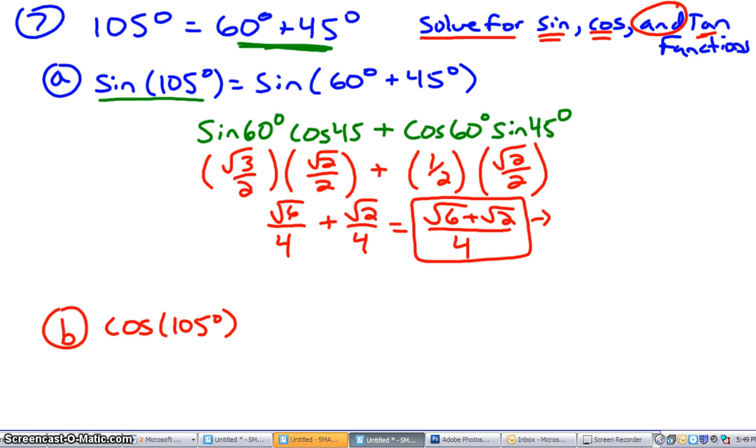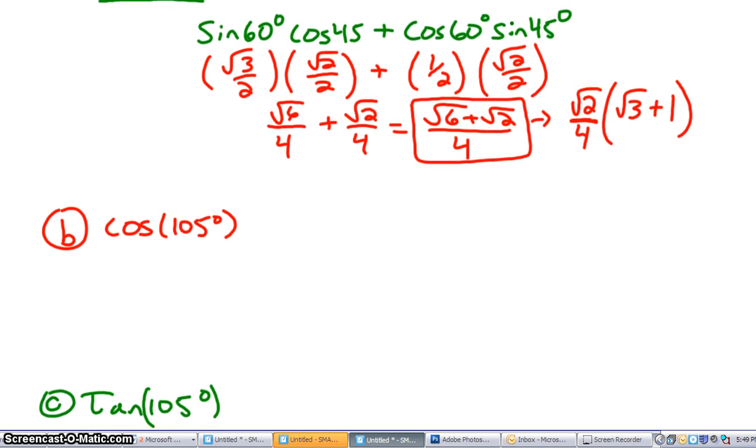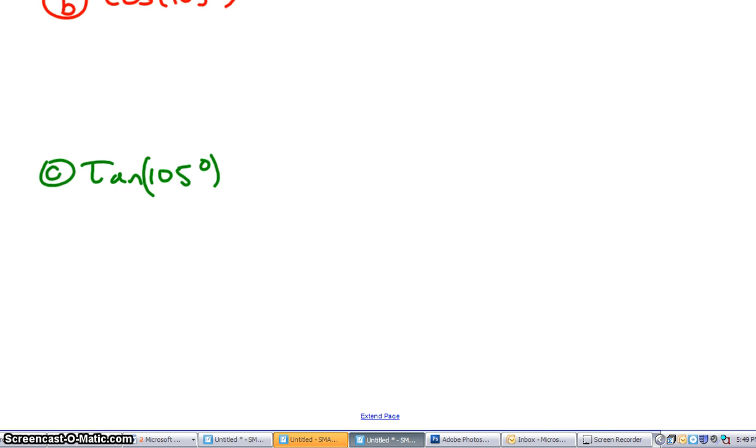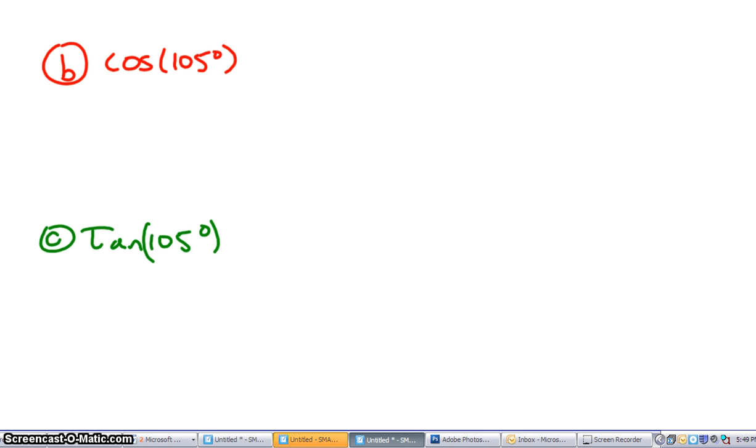However, you may find that they take out a radical 2 from the numerator and put that over 4 and then multiply it by radical 3 plus 1. Now again, that's factoring a square root 2 out of square root 6 plus square root 2. Again, you'll notice I'll say square root, or sometimes I'll state radical. It's very important you understand I'm speaking the same language when I use either one.